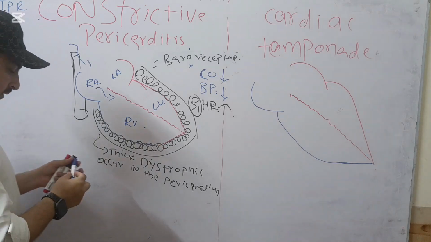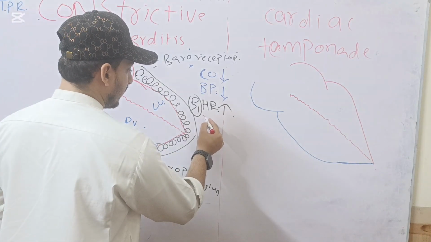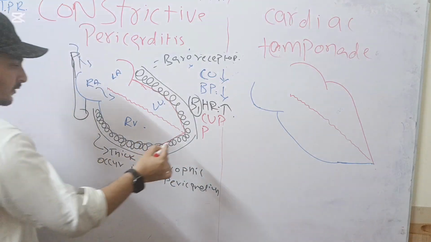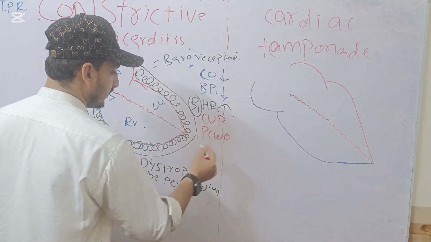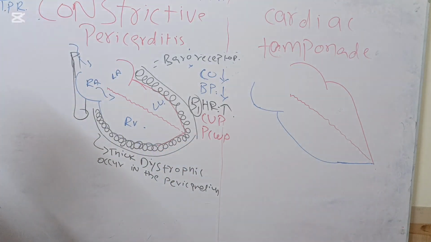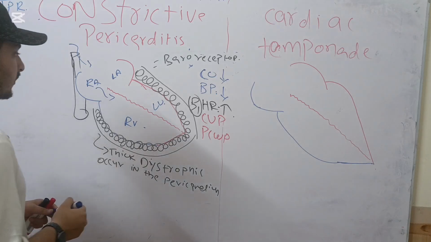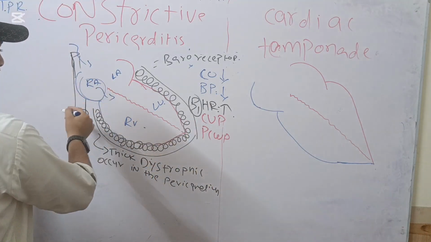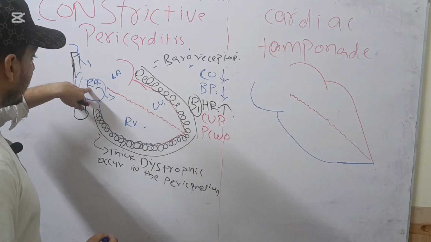What about CVP, and what about pulmonary capillary wedge pressure? CVP measures the right atrium pressure.